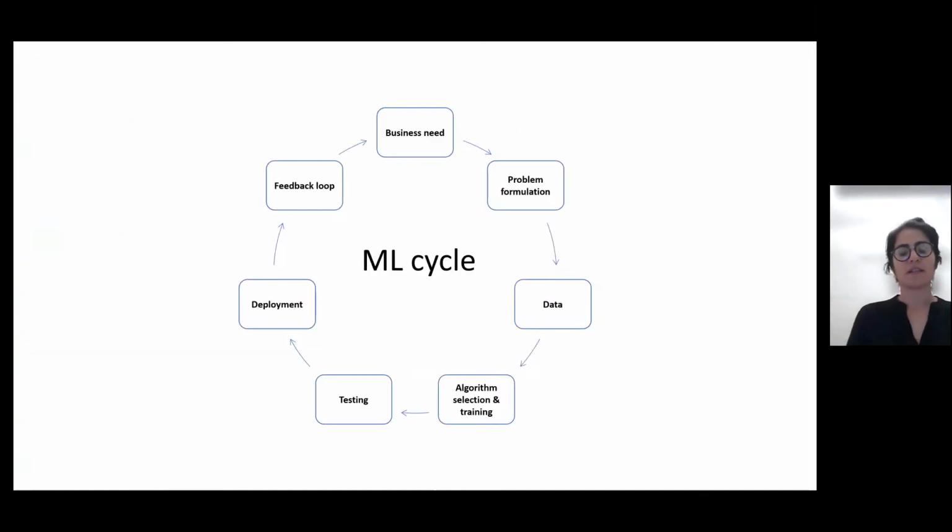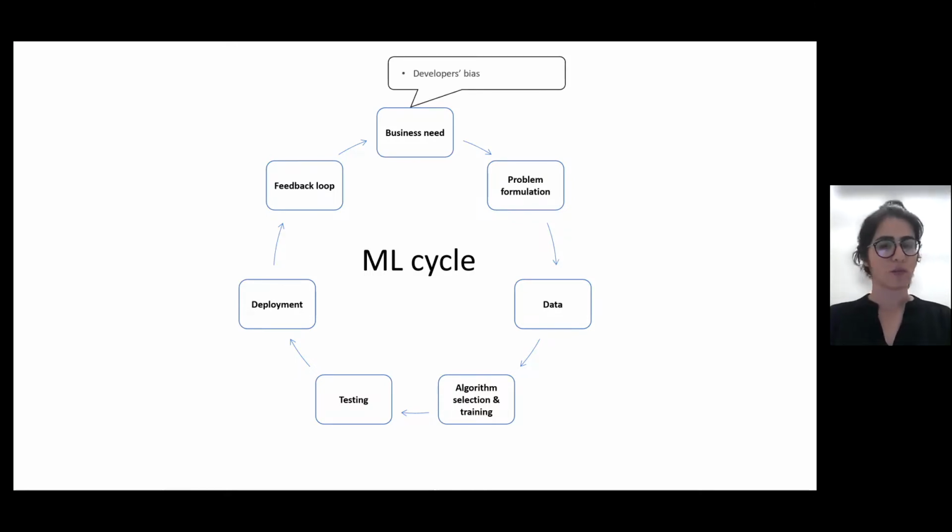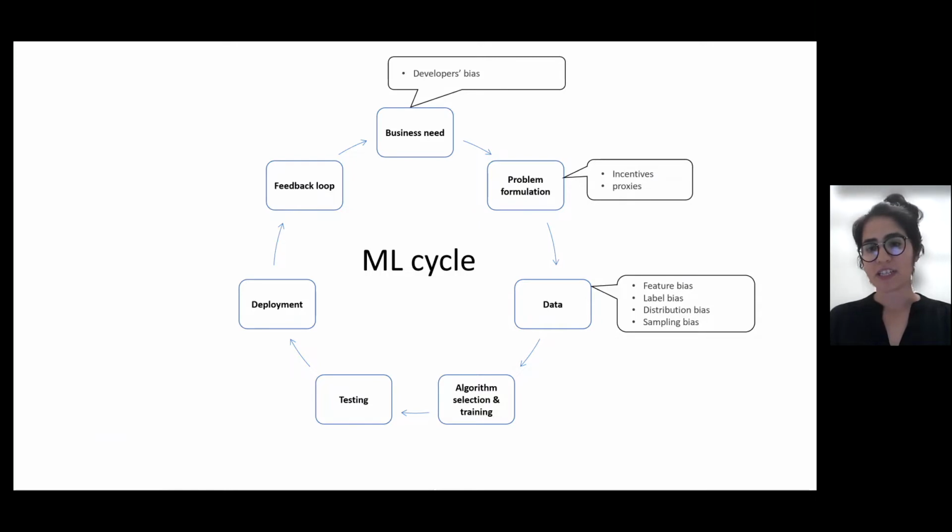So with this, I finish my talk. As a conclusion, in business need, we should be careful about developer biases. Whose need are we addressing? In problem formulation, we should care about proxies, misuse, and what incentives we give to the people. In data collection, there are many biases that might be present in our data, so it's good to think about it: feature bias, label bias, distribution bias, and sampling bias.